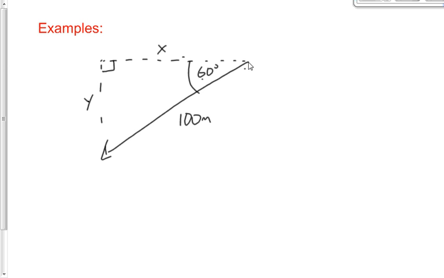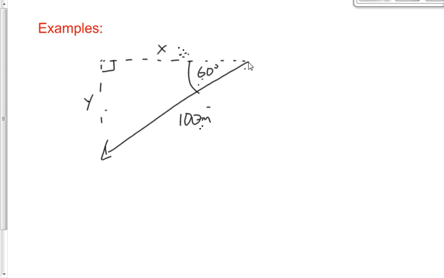The side that's touching the angle is the adjacent side. This y component isn't touching the angle, so it's the opposite side. Now, we actually have two sides that are touching the angle, the x and the 100 meters. How do we know which one's adjacent? How do we know which one's hypotenuse? Well, the hypotenuse is the longest one, and the adjacent one is the one that's left over. Okay?